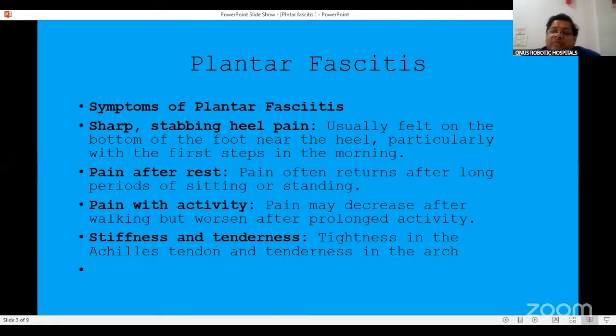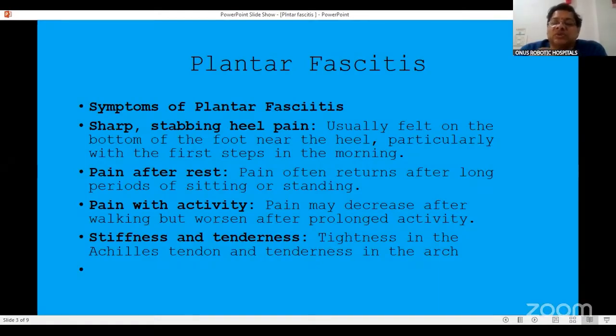Suppose you sat for 5, 7, or 10 minutes and then you started walking. You will have pain in the heel, only for a few steps initially, but with time you might have that pain for longer periods. That means it is becoming more and more severe.